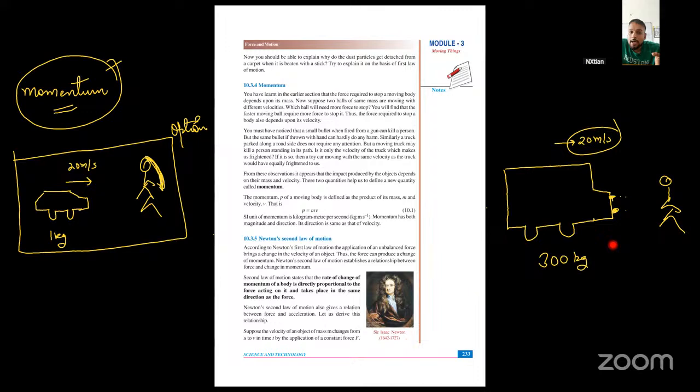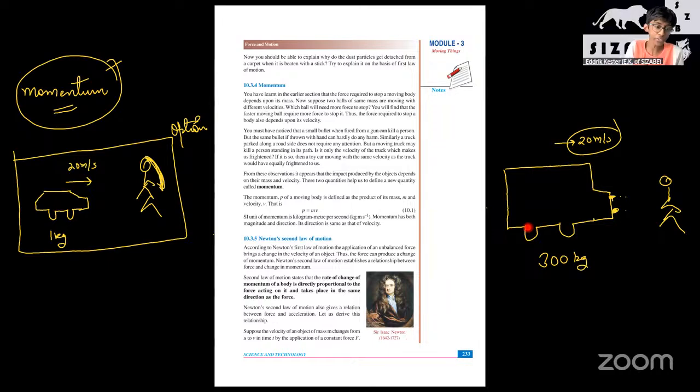Both have the same speed. So why is option A not as injured as option B? Because option A has less weight and option B has more weight.